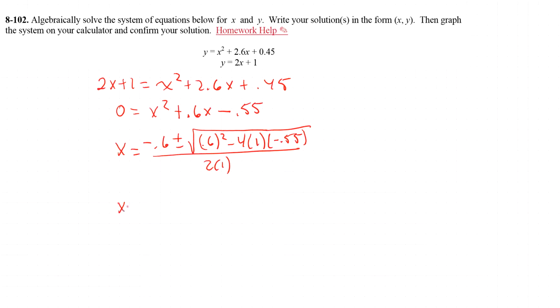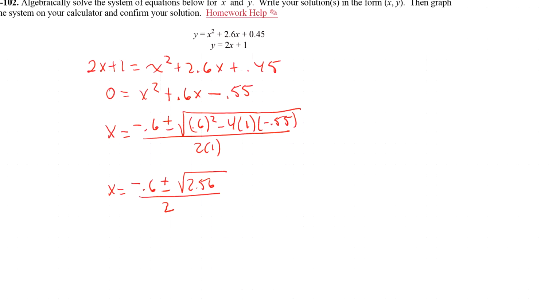And so then we get x equals negative 0.6 plus or minus... Okay, so what does this end up being? 0.6 squared minus 4 times 1 times negative 0.55 is the square root of 2.56, divided by 2 times 1, which is 2.